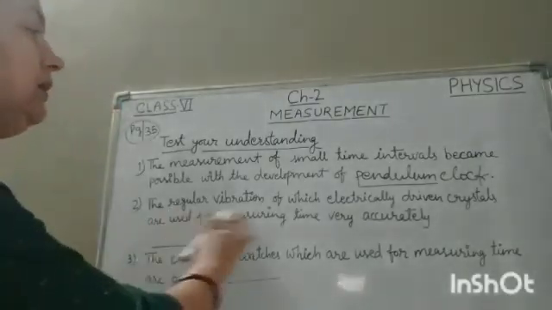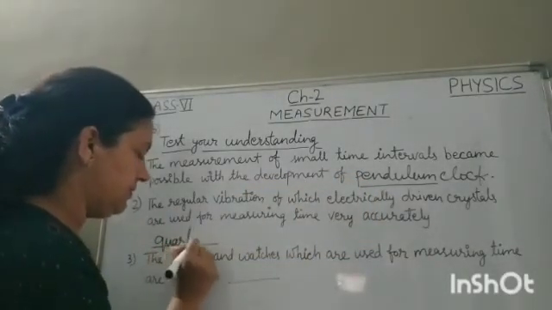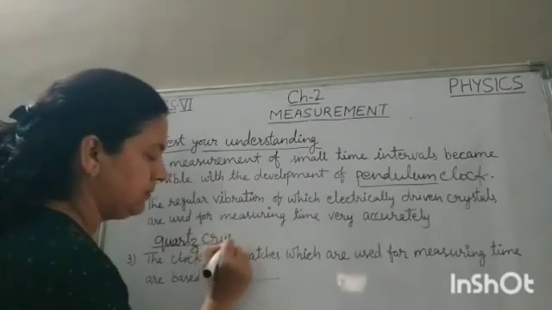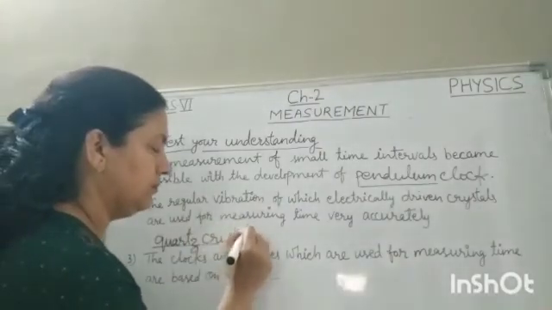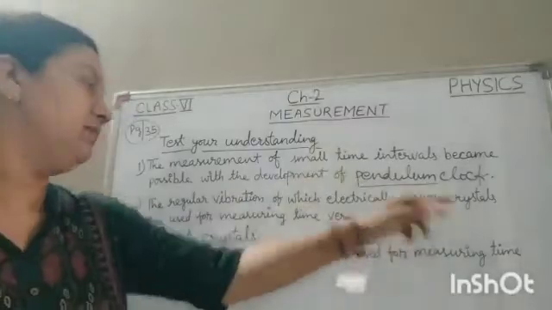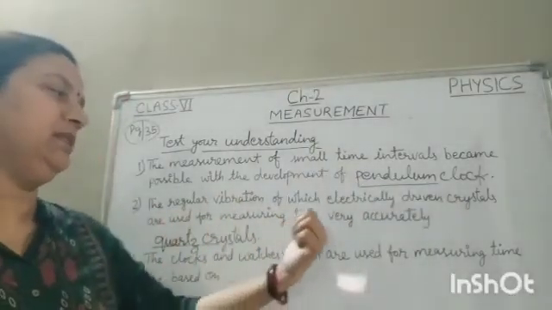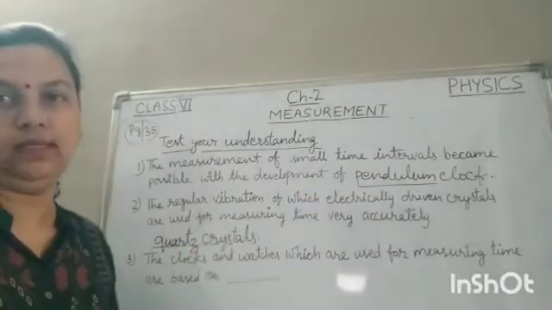So here the answer will be quartz crystals. The regular vibration of electrically driven quartz crystals is used for measuring time very accurately.